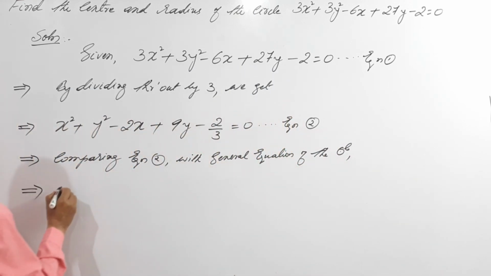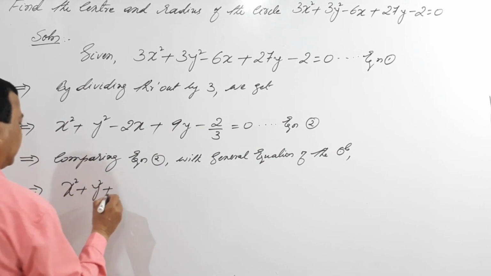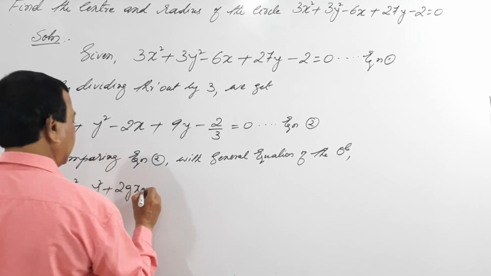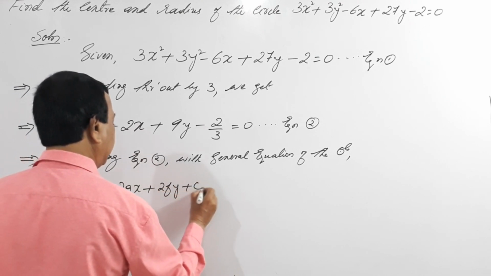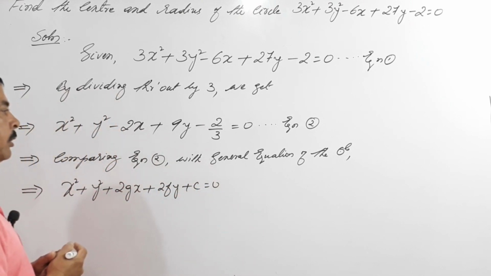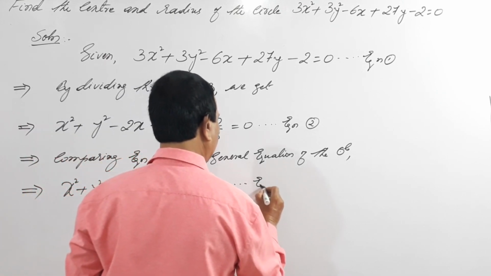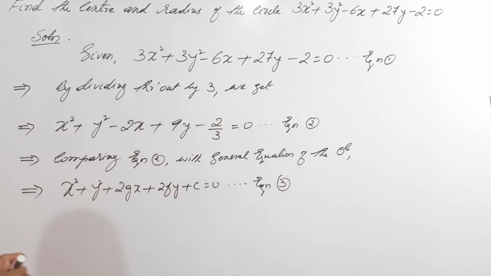What is the general equation of the circle? x square plus y square plus 2gx plus 2fy plus c equals to 0. I call this equation 3.